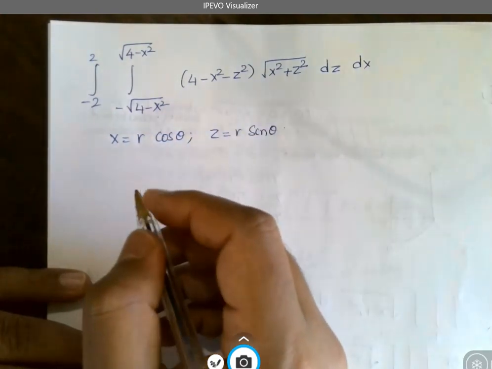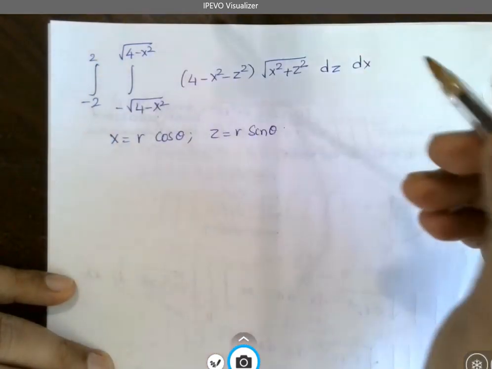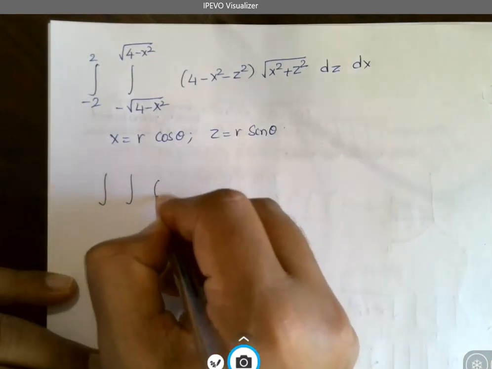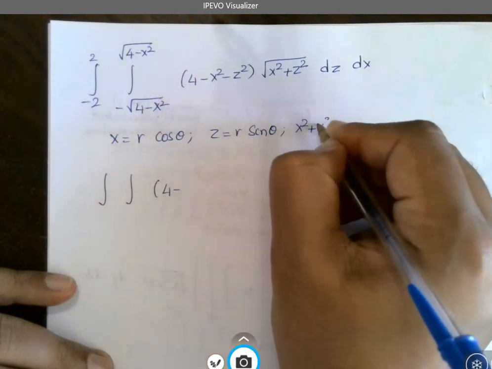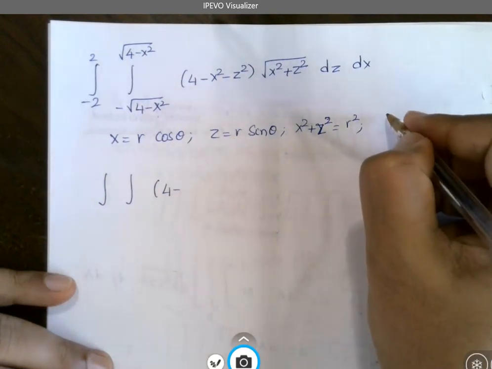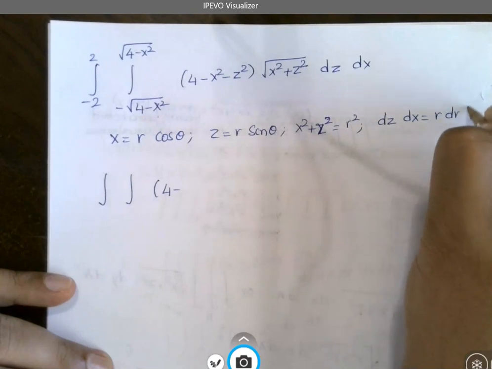So upon using that, this is x squared plus z squared over a circle of radius 2, right? So this is going to be 4 minus r squared, since x squared plus z squared is r squared, and dz dx is going to be r dr d theta.